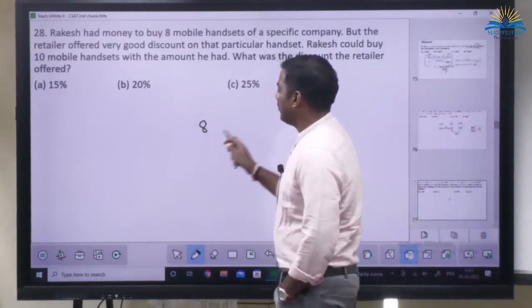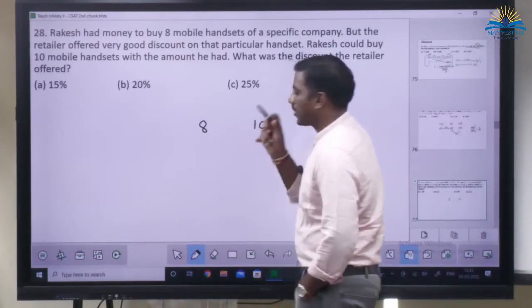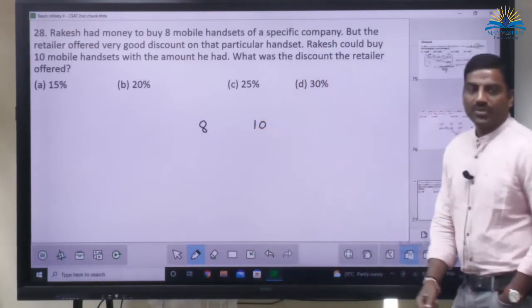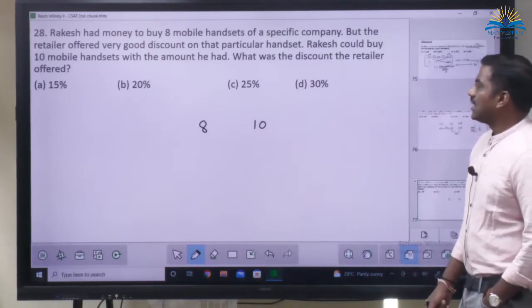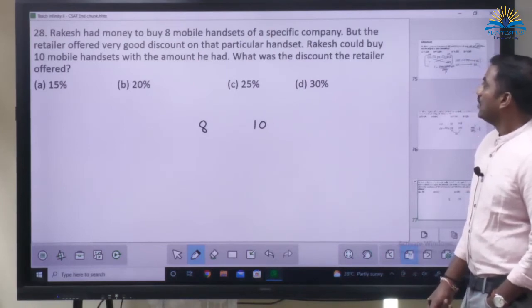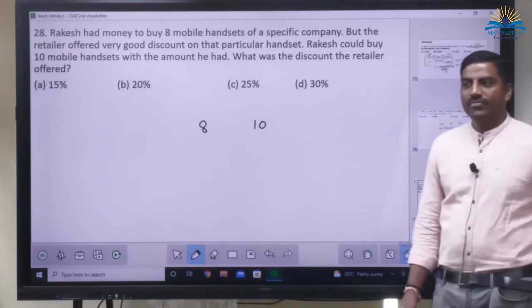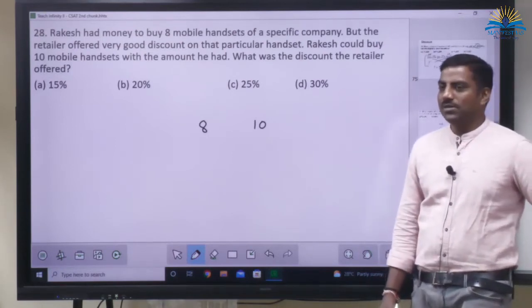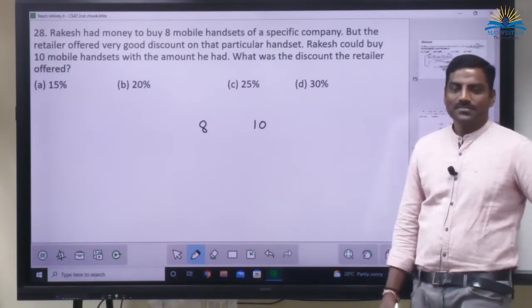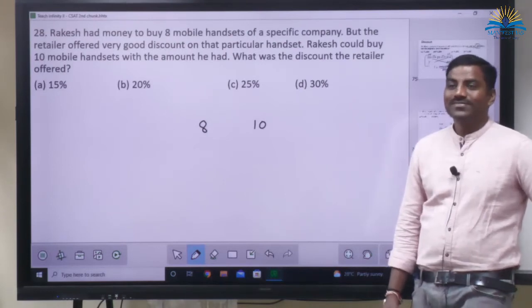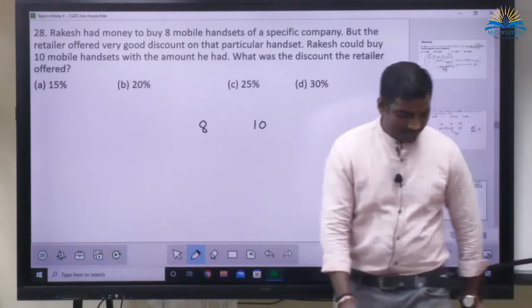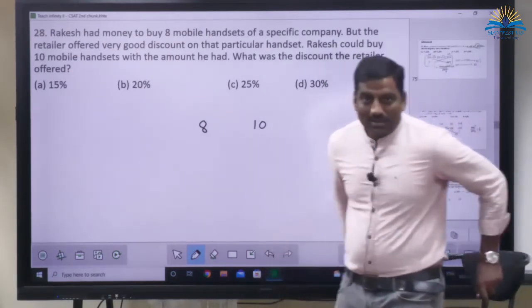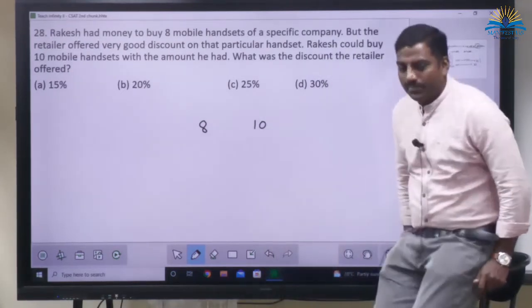How many has he got? 10. Then he is asking, what was the discount the retailer offered? Looks very simple. You can answer. I am not going to penalize. What is the discount offered?